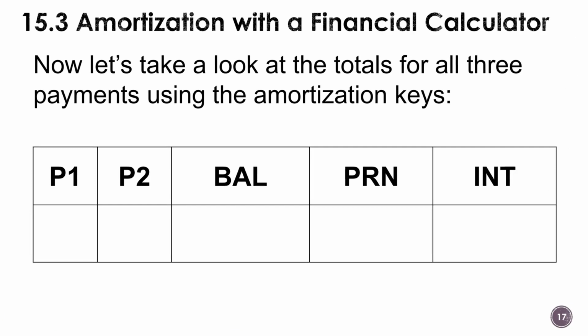And then if we look at the total of those 3 payments, this is a cool part of this. We can actually look at all 3 together. So P1 is going to be 1 and P2 is 3. So just make sure you type in the number 1, push enter when you're on the P1 screen, type in the number 3, press enter for P2, and we'll see the same balance as we did on the 3rd payment because we're still looking at that.